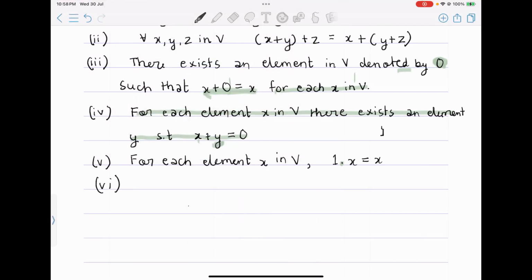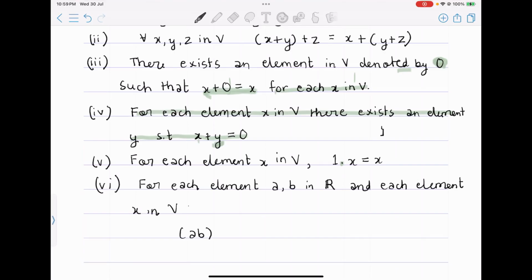Now there are certain more axioms. The sixth one is for each element a, b in R, we are in the real numbers, and each element x in V, (ab) dot x is equal to a dot (b dot x).